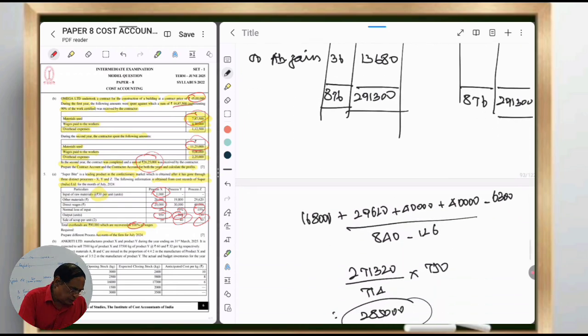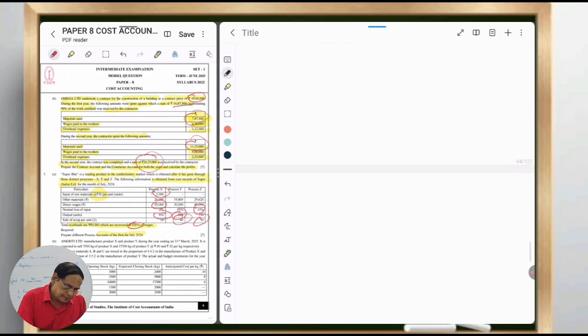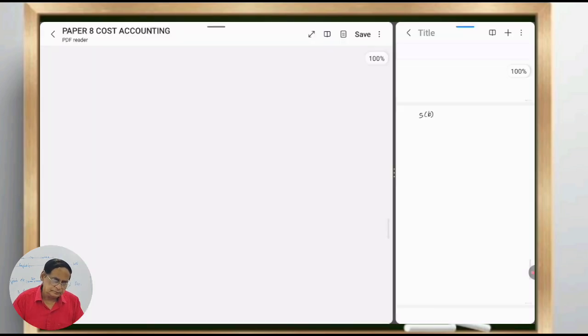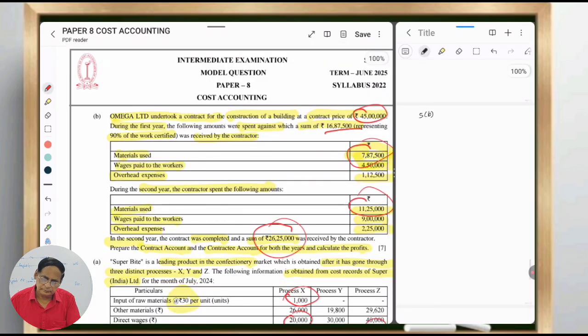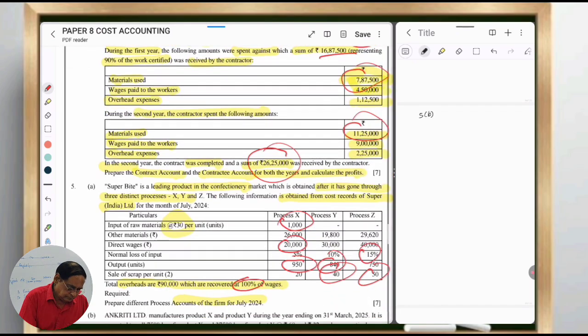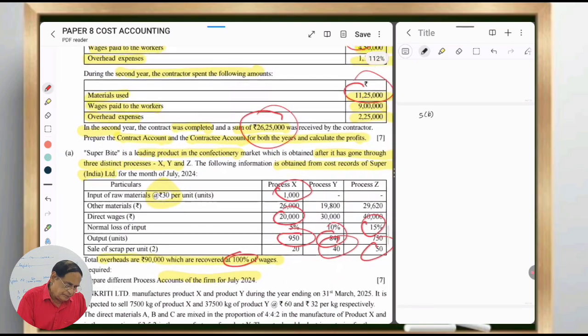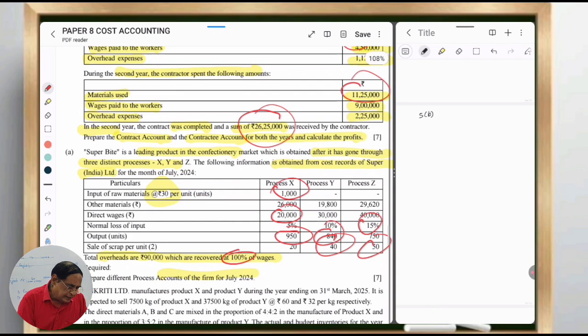Let's see another question, 5b. 5b: Super Bite, a leading product in the confectionery markets, is obtained after it has gone through 3 distinct processes X, Y, Z. The following information is obtained from the cost records of Super India Limited for the month of July 2024.